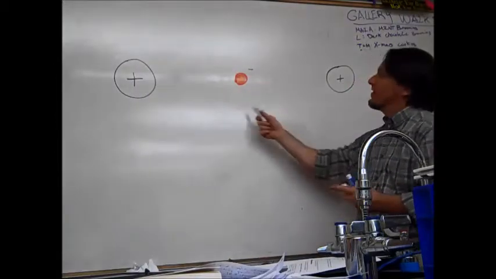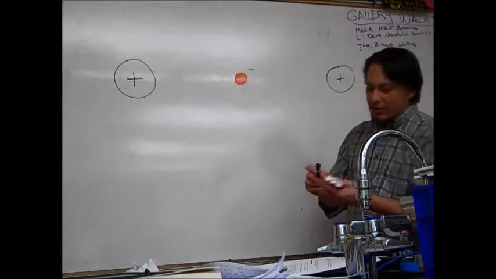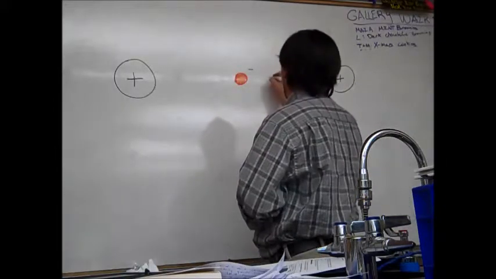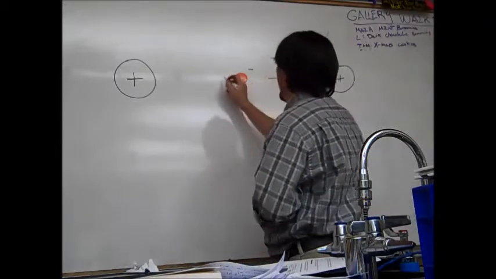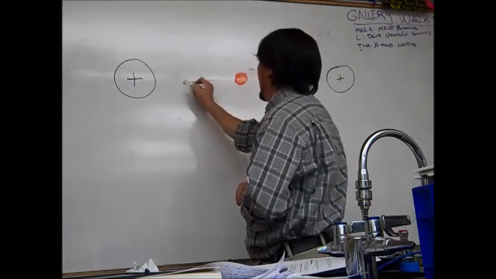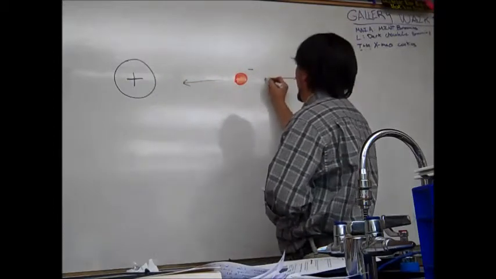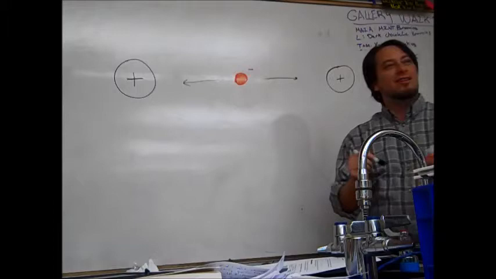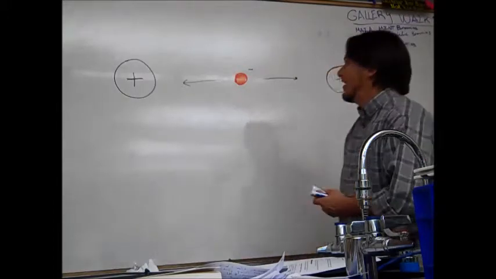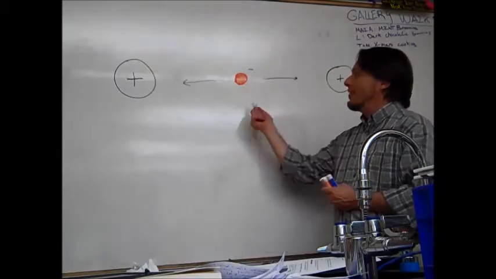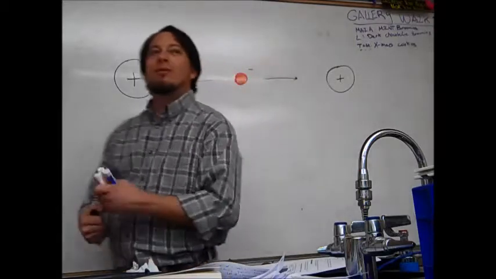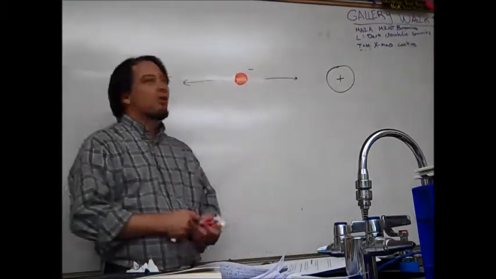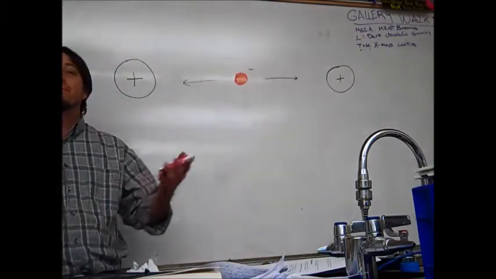And so, yeah, it's going to sit in the middle. Why? Because it's equally attracted to both of them. They're both pulling on it, like a tug-of-war, a custody battle where both have exactly the same quality lawyer. They have the same charge, the same strength, and so it's going to hang in the middle.